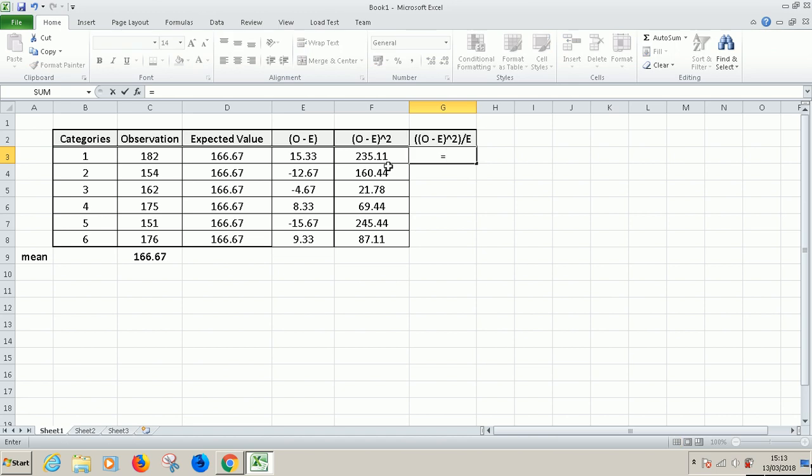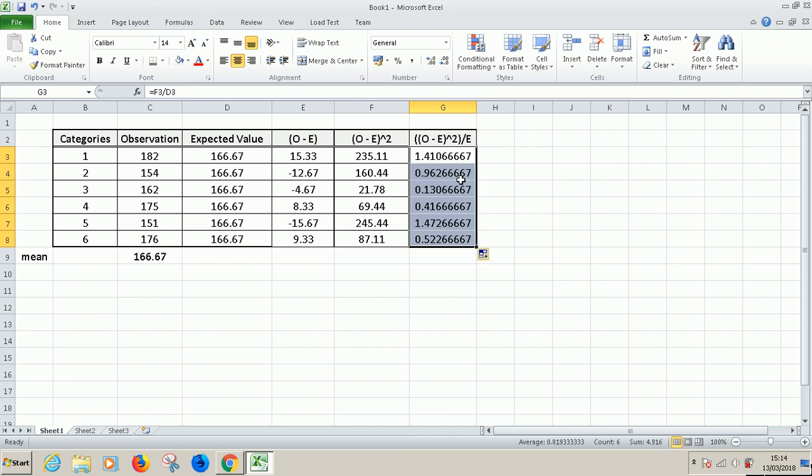So equal to this, divided by the expected value, and that gives us this figure. As usual, we are going to reduce the decimal places. I like to use 3 decimal places.